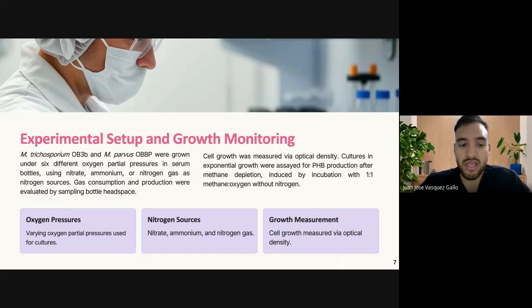For both strains, we have 18 incubation conditions: 6 levels of oxygen and 3 nitrogen sources, evaluated for growth. The bottle headspace was sampled periodically to evaluate methane consumption, oxygen consumption, nitrogen consumption, and carbon dioxide production.